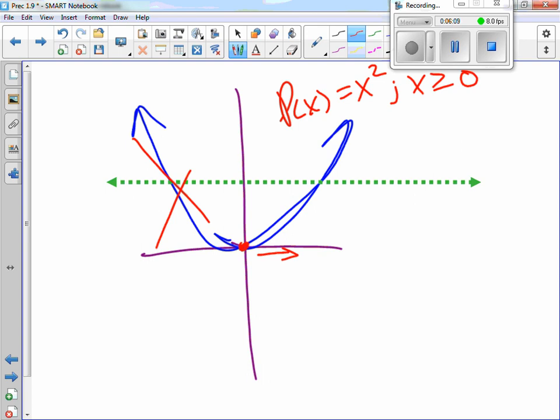Okay? Now the reason for this is because this here becomes our inverse, as long as I keep with x is greater than or equal to 0. The other half, let's do it in yellow, why not?